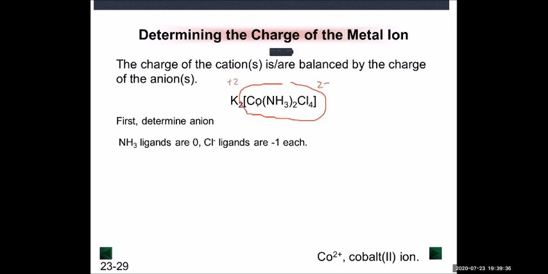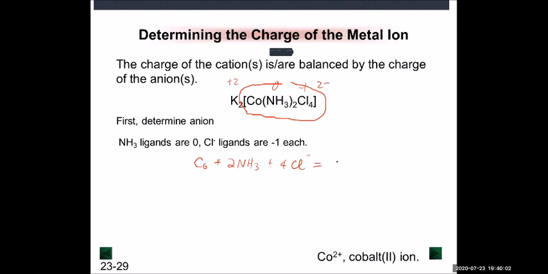In this complex ion, there are 2 different kinds of ligands. There's ammonia as a ligand, and there's also chloride as a ligand. The ammonia ligand is neutral, 0 charge. The chloride ion is -1 charge. So the whole thing, you have a cobalt with 2 ammonia and 4 chloride.